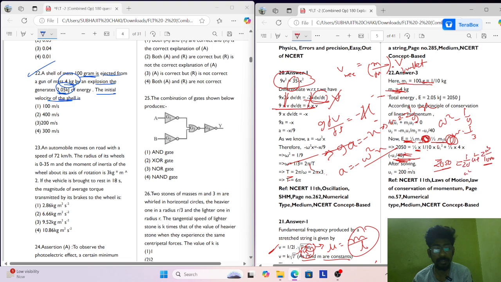Take u square by 20 common, 1 plus 1 by 40 because 2 is there also. So 41 u square by 20 into 41 by 40. 2050 will be 50.